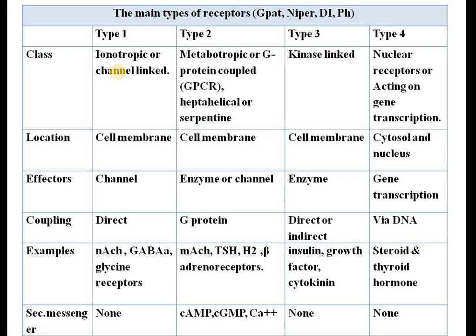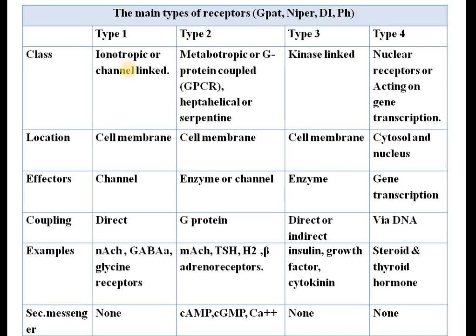Now let's come to the first, type 1 receptor. So type 1 receptors are nothing but the ionotropic receptor or ion channel. Okay, as I have explained. So these receptors are known as ionotropic or ion channel receptors. Okay, so there will be either increase in the permeability for certain ions like sodium, calcium, or decrease in the permeability of certain ions.